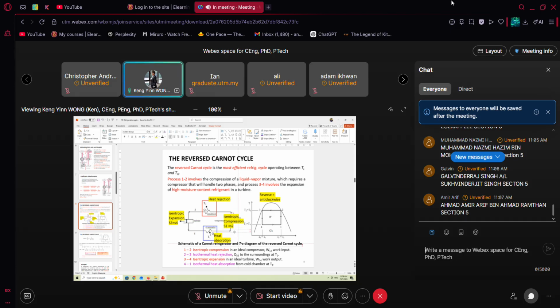Heat absorption, write it down. Remember just now for compression and expansion, you put it down as isentropic. For heat rejection and heat addition, you put it down as isothermal. For both heat rejection and heat absorption, both must be isothermal. Write it down.